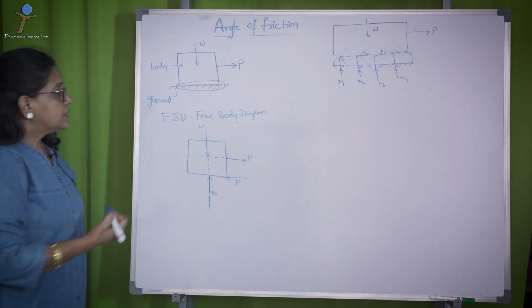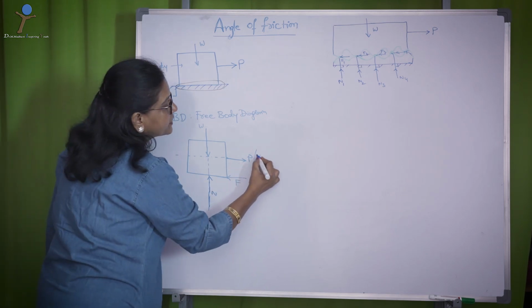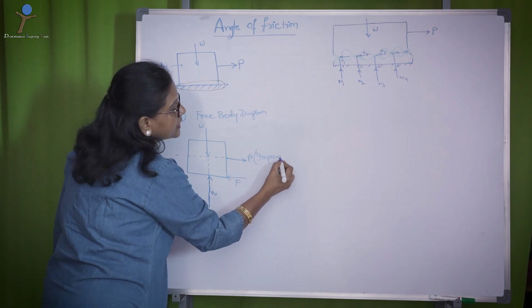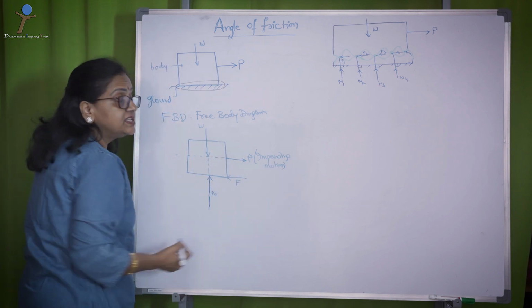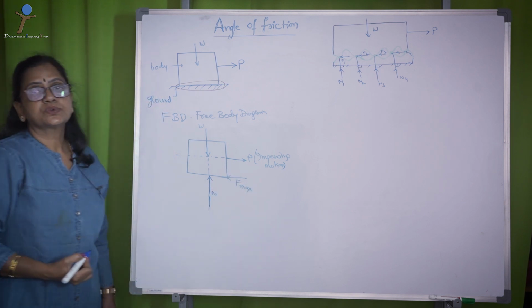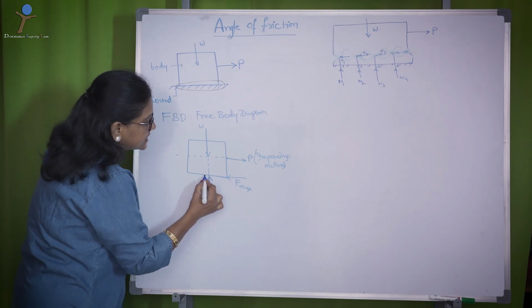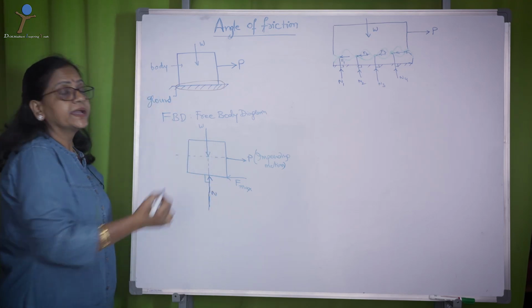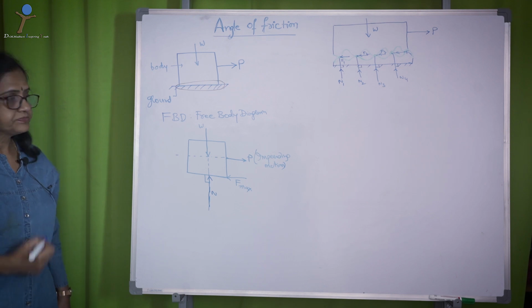Now, the body starts impending motion once this F reaches F max. That is what is called limiting friction. So, this is the representation of a free body diagram of the body and the ground system.